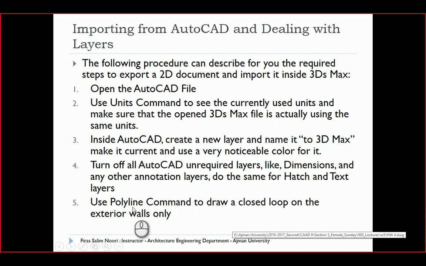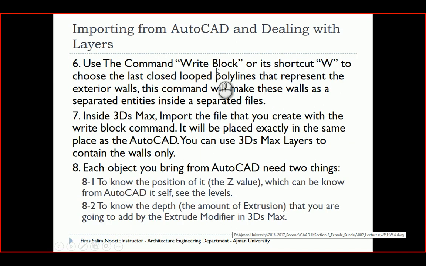Then, using polyline or boundary to create a closed loop, and with the write block command, we send each closed loop that represents a single part of the building into 3D Studio Max. In Max we import it, and then we look at two things: where it is located, which is the Z value, and the amount of extrusion.